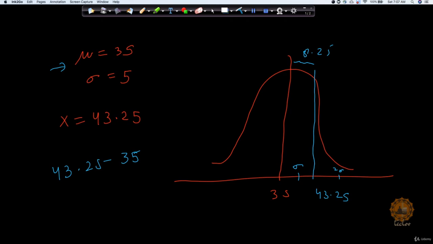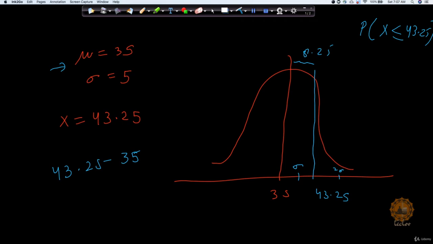Now, if there is any person X, with a value of 43.25, which is the commute time of a person, and we want to find out the probability that the commute time for the employee is going to be less than or equal to 43.25. How can we get that?